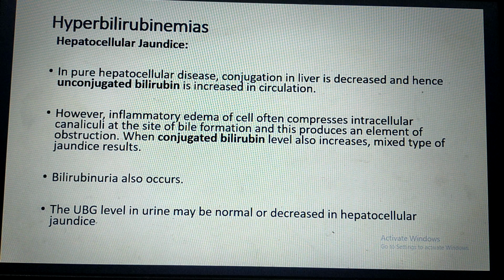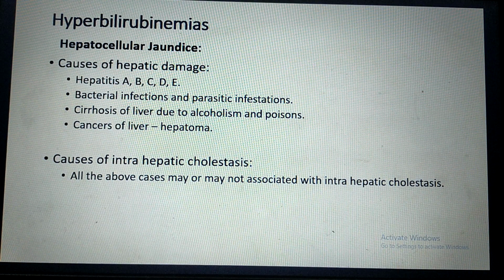The most common causes of hepatic damage are hepatitis A, B, C, D, E. These are the different types of viruses which cause damage to the liver. Next causes are bacterial infection and parasitic infestations, cirrhosis of liver due to alcoholism or poisons, and cancers of liver, also called hepatoma.